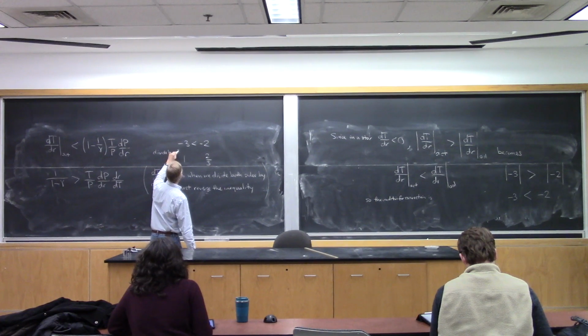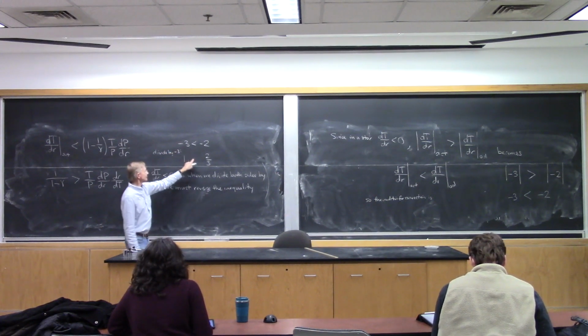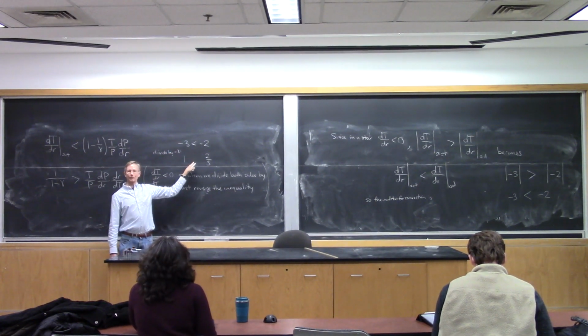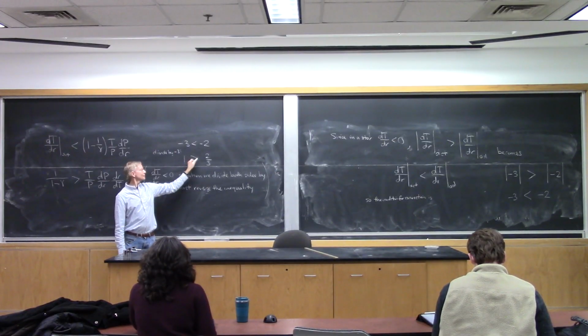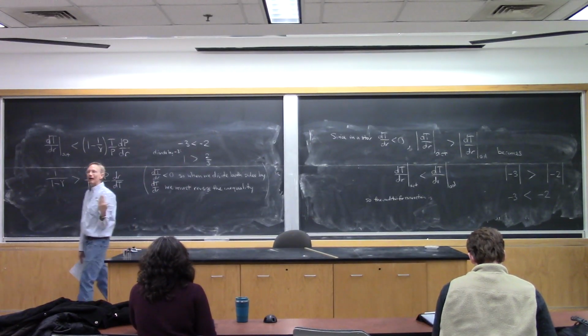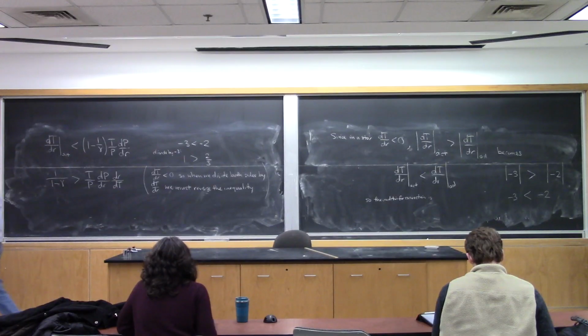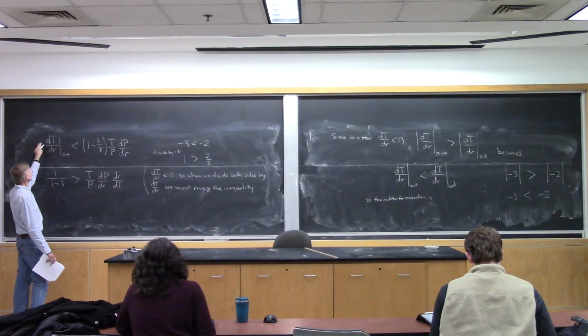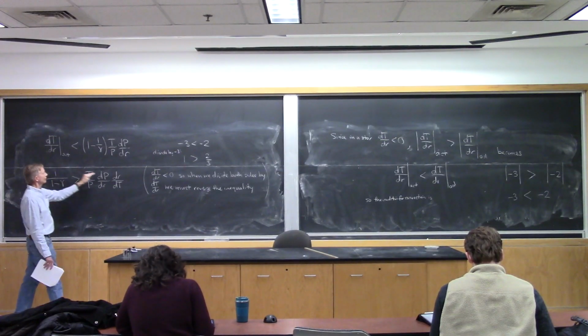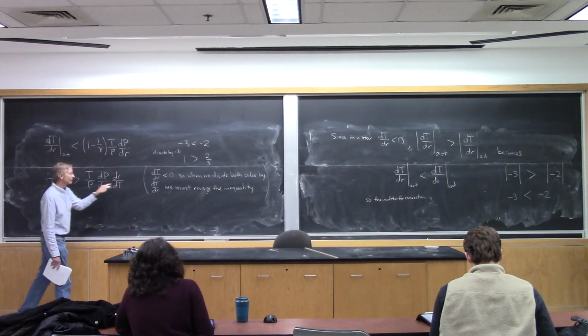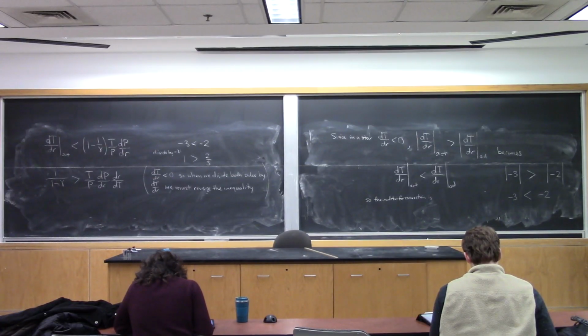Divide by minus 3. Now which way does the inequality point? This way. So when you multiply or divide by a negative quantity, you flip the inequality. You have to keep those things in mind. They're a pain to do. But here, I divided by the negative quantity dT/dr, which is dr/dT, so I had to flip that sign right there.